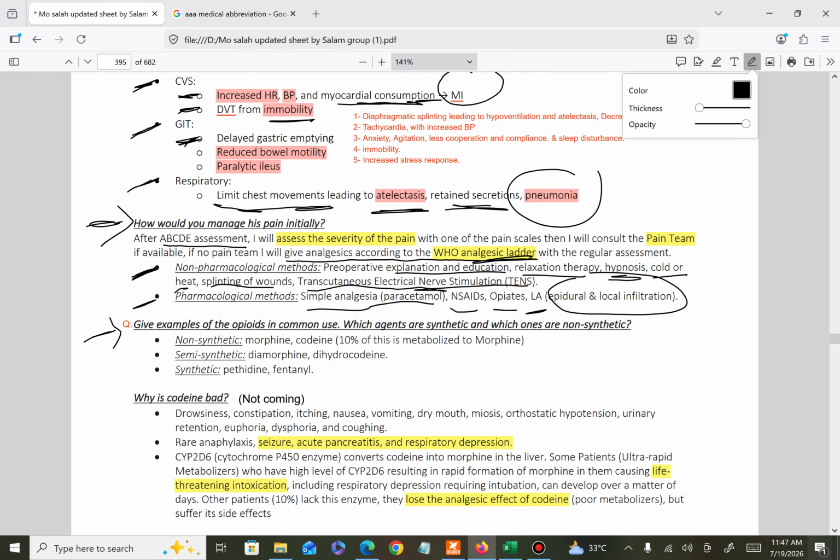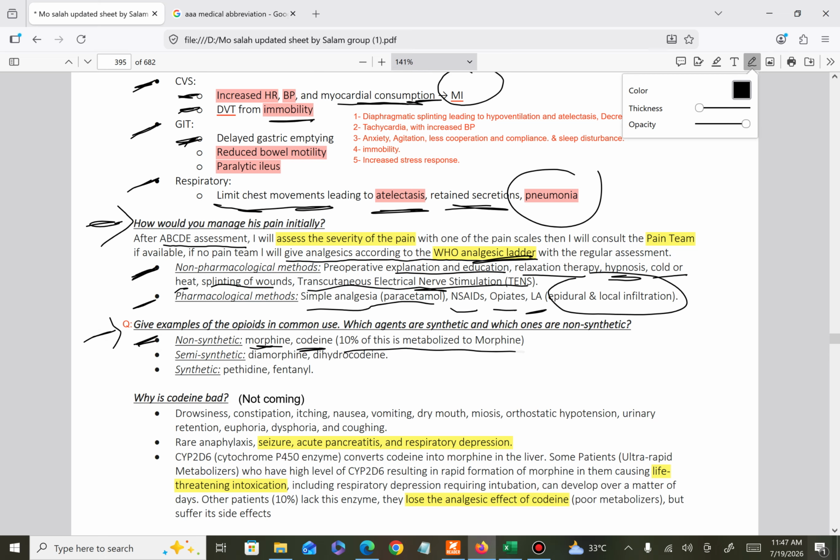Give examples of opioids in common use. Which agents are synthetic and which ones are non-synthetic? Opioids can be weak or strong, and the non-synthetic opioids are morphine and codeine.